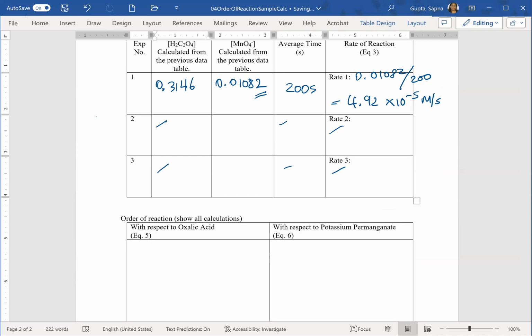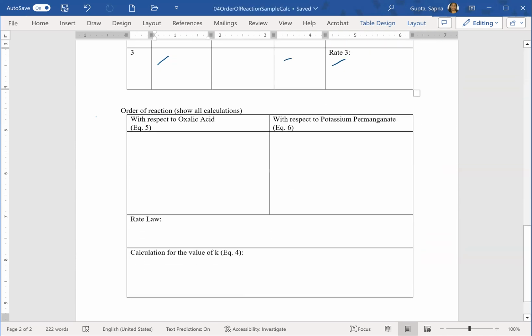Once you have done that, you will do it as we do it in class, which is experiment over experiment, depending on what things you are studying. In this case, for oxalic acid it's going to be experiment 2/1, because you're changing the concentration of oxalic acid, and experiment 3/1.